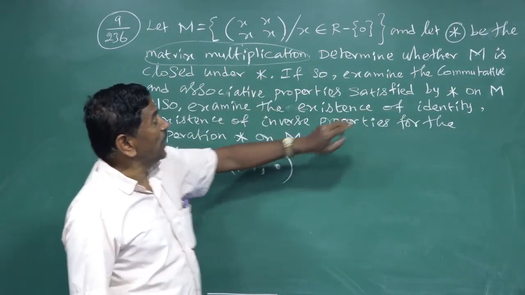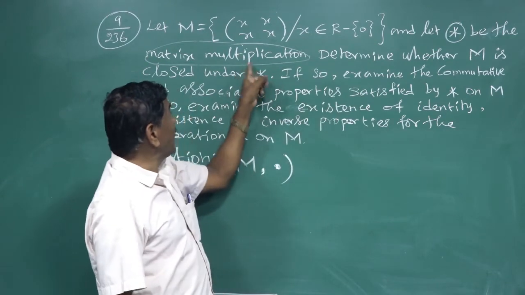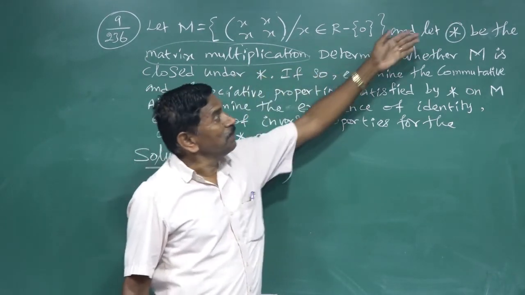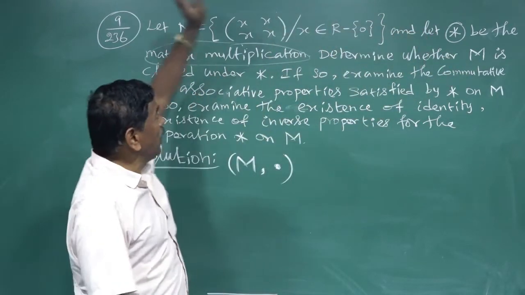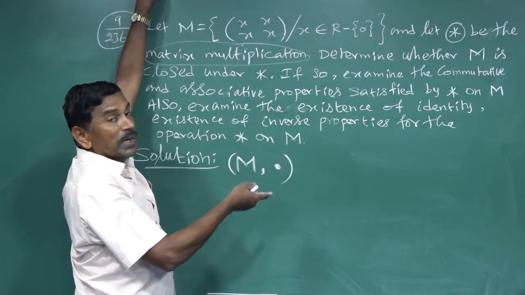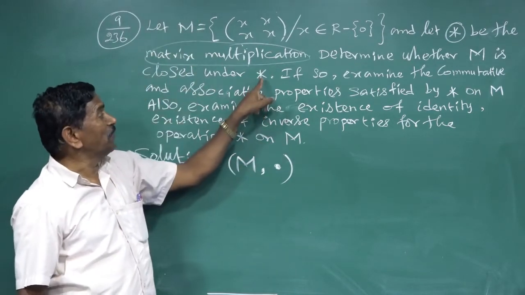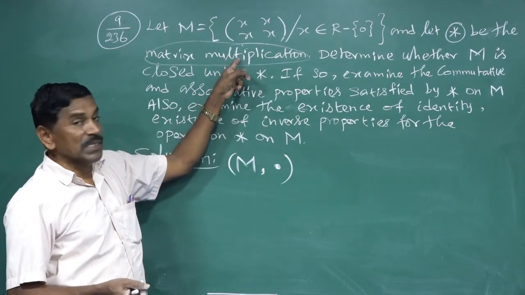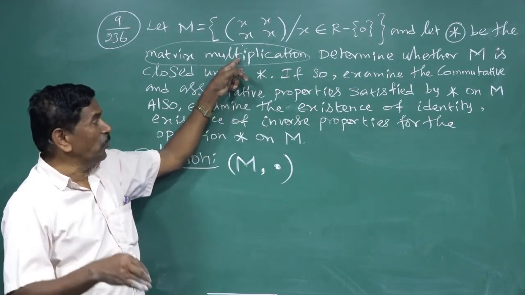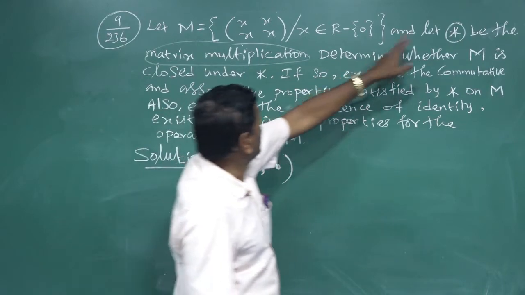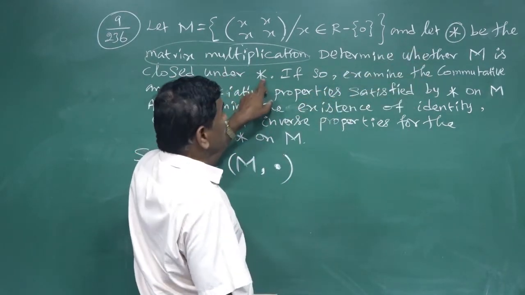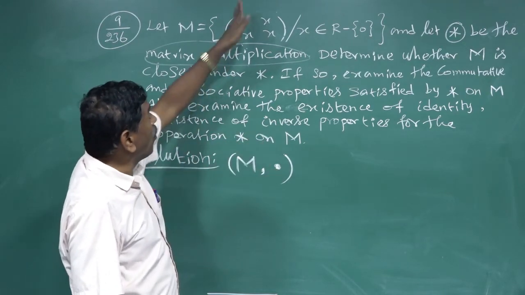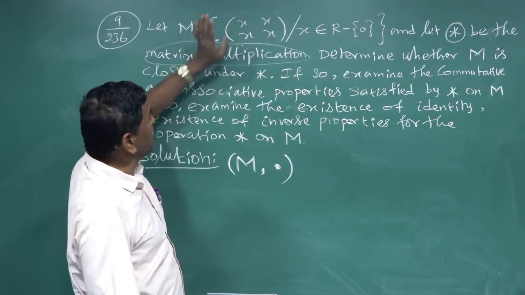So first we want to find whether matrix multiplication is closed on M. Closed under star is nothing but a binary operation. First we want to identify whether star is a binary operation or not, which means whether matrix multiplication is a binary operation on M or not. That we want to verify.